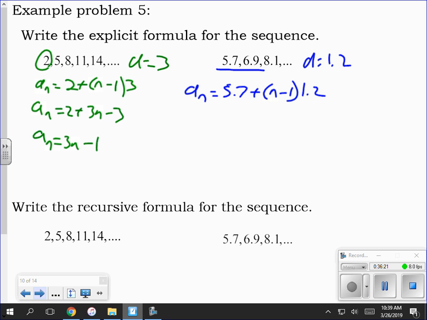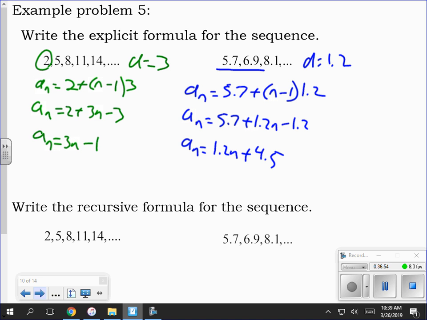Distribute, combine like terms, simplify. A sub n equals 5.7 plus 1.2n minus 1.2. A sub n equals 1.2n plus 4.5. So it's not that hard. You have to know the first term, you have to know D. That's it. Plug it in, simplify the formula.